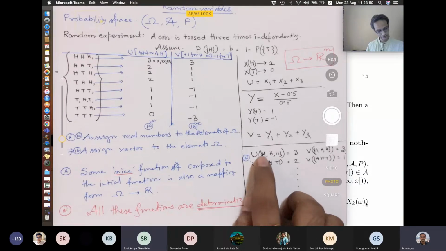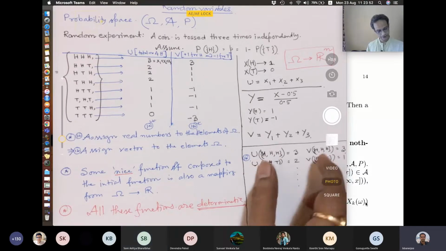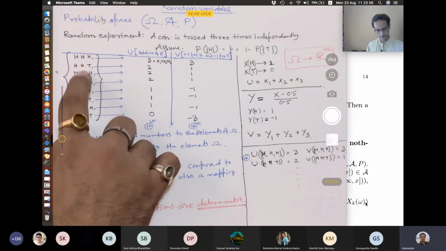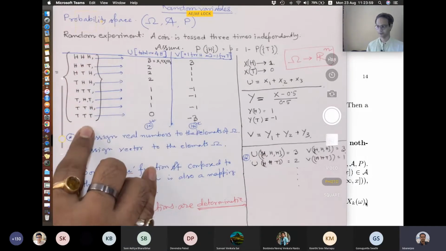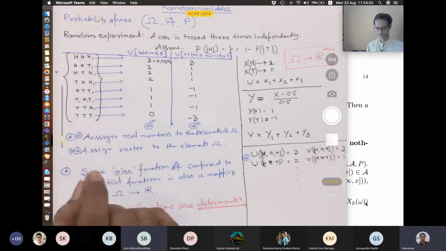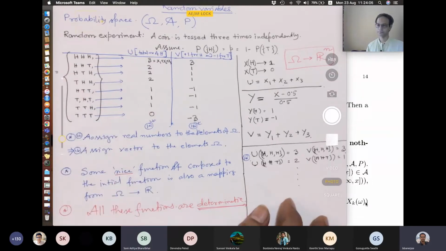Sir, in this example HHT and HTH both have 2 comma 1, so the function can be many to one. It is not necessary to be one to one. That is my doubt. No, I have never said one to one. It can be many to one. Oh, okay, sir.